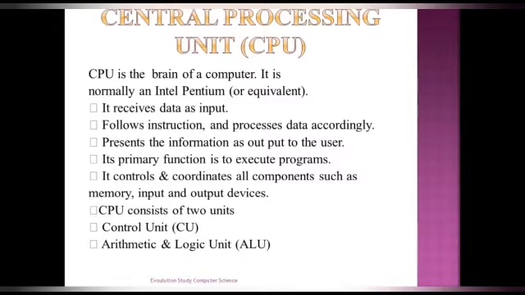Its primary function is to execute the programs. It controls and coordinates all components such as memory, input and output devices. CPU consists of two units: one, the control unit or the CU, and the other one is the arithmetic and logic unit or ALU.